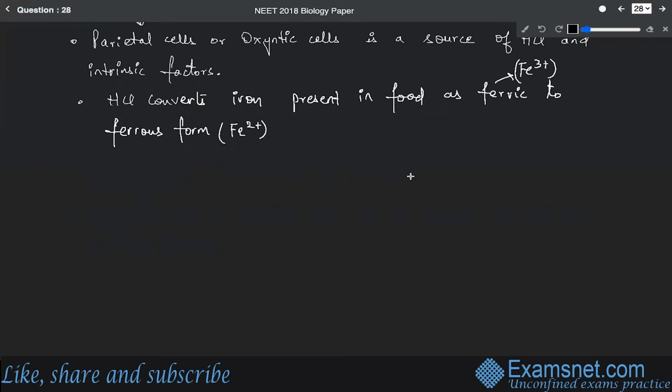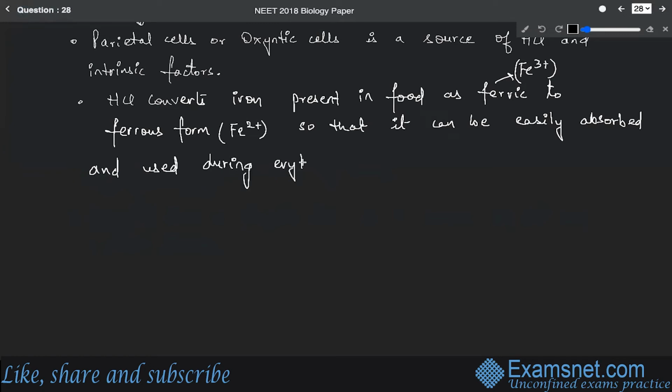All right, so this basically converts ferric to ferrous form so that it can be easily absorbed and used during erythropoiesis.